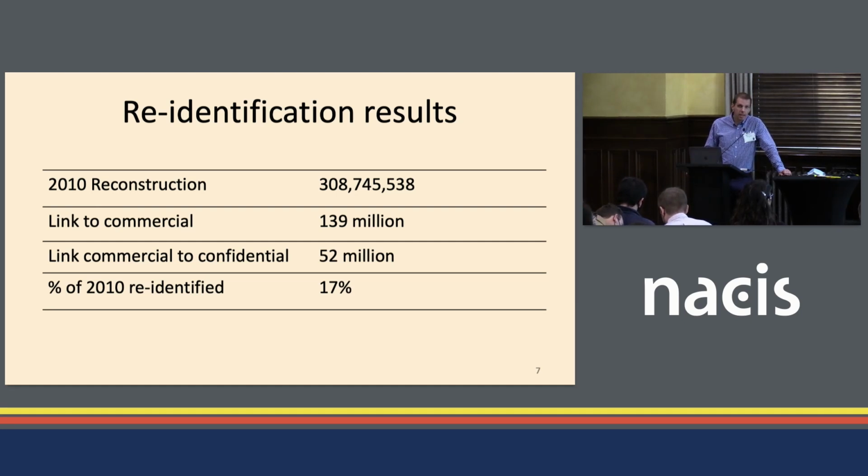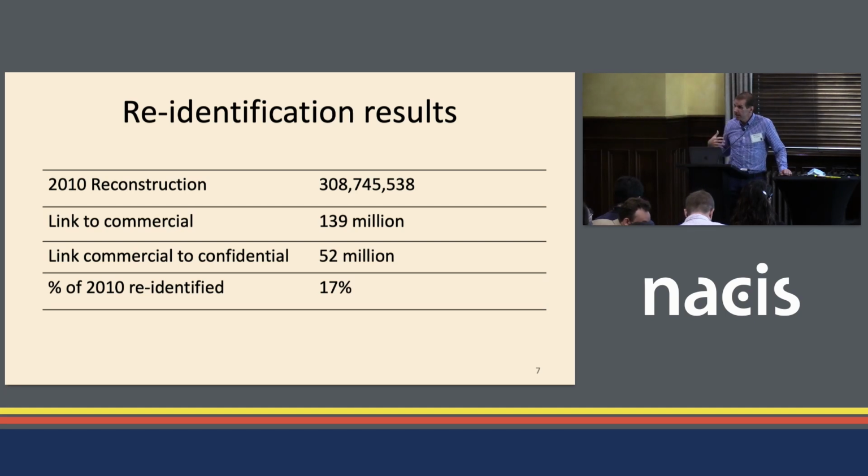They were able to link 139 million of those 308 million records to the commercial data set on, like I said, block, age, and sex. In this case, they didn't use race, they just used block, age, and sex. They then, because of the Census Bureau, can link those 139 million people onto this confidential data that they have in-house.